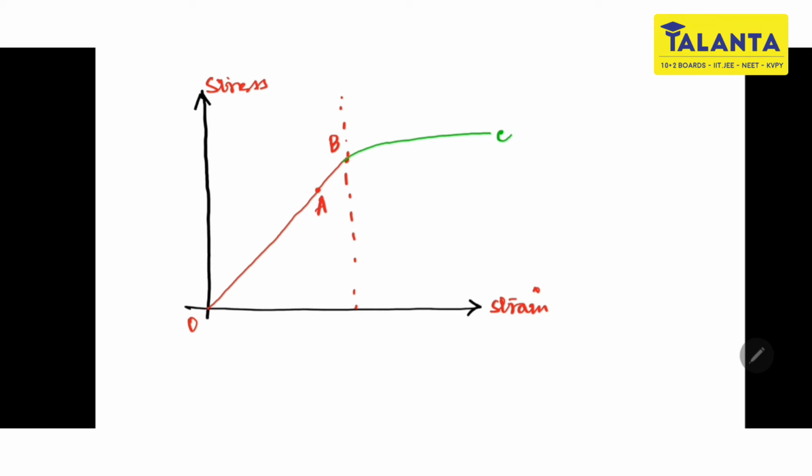This is the stress strain graph. And within elastic limit, stress is directly proportional to strain, and that is known as Hooke's law.